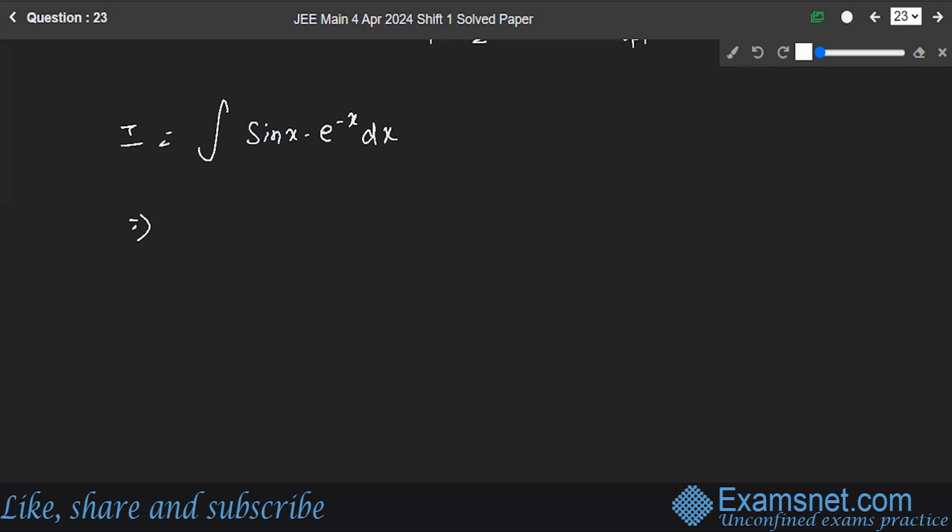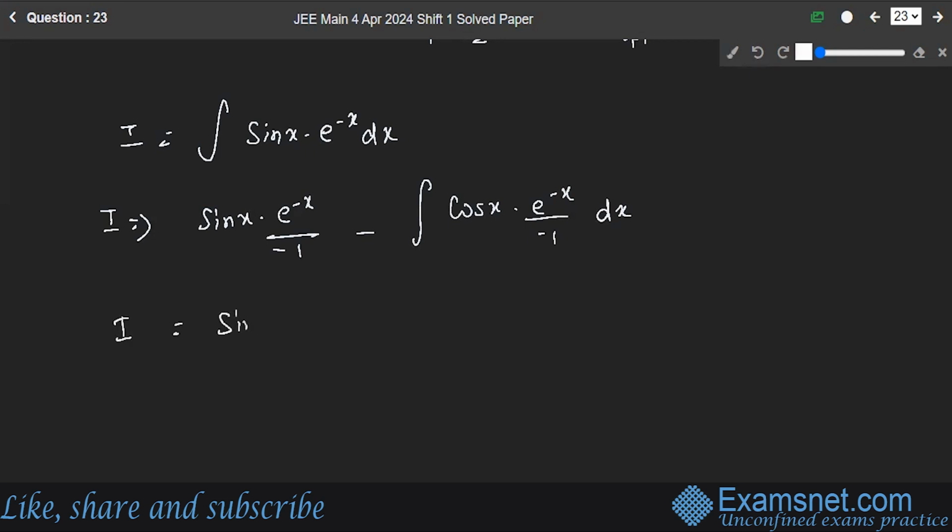Let's say this is equal to I. So this is first function into integral of second minus integral of derivative of first into integral of second, dx, this is equal to I. So I is equal to sin x into e raised to power minus x, and this is now again first function into integral of second minus integral of derivative of first into integral of second.